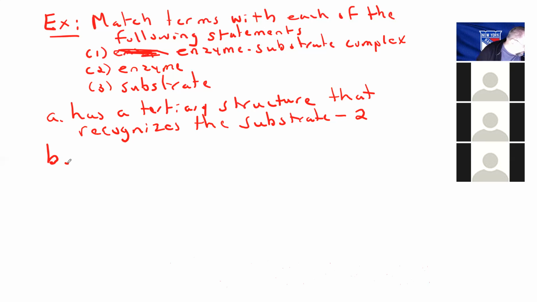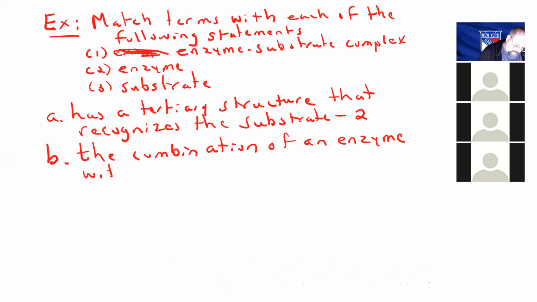Letter B. Letter B says the combination of an enzyme with a substrate. And we've essentially talked about this. That, of course, is an enzyme substrate complex.